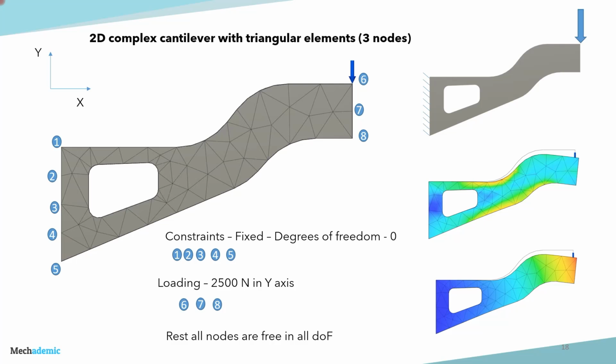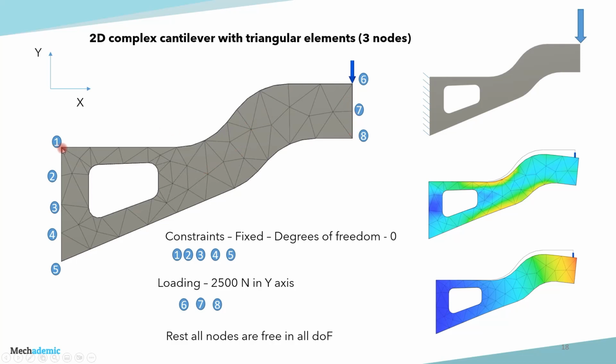Now next is discretization. So this image shows one possible way of discretization of this geometry using the software. So this is a mesh which has triangular 2D elements. All of these elements are triangular 2D elements, each having different geometries, as you can see over here.